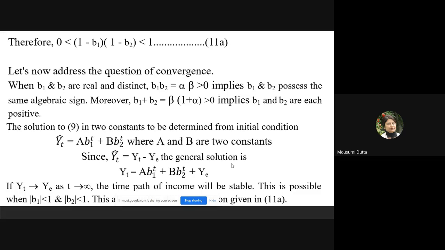Because if both are negative, in that case also it will be positive. If both are positive, in that case also the product will be positive.